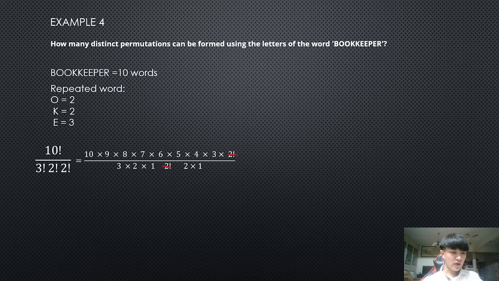Then 2 times 2 is 4, and we can cancel it. Lastly, we can cancel the 3 as well. So we are left with 10 times 9 times 8 all the way to 5. The total will be 151,299. That is the answer for this question.